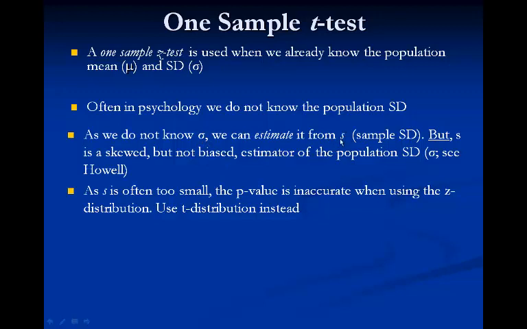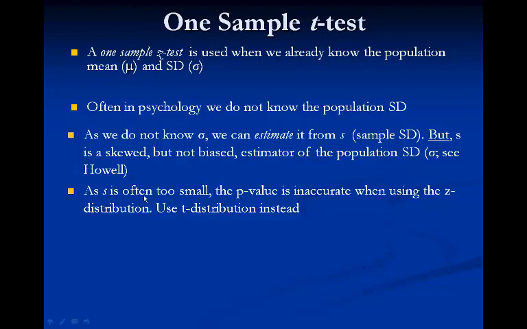So sample standard deviation is S. But unfortunately, S, as we measure it in a sample of observations, is a skewed but not a biased estimator of the population standard deviation sigma that we're trying to estimate, and Howell describes this very clearly.